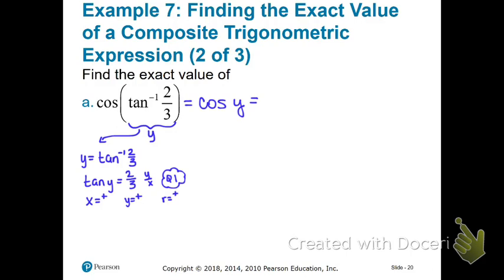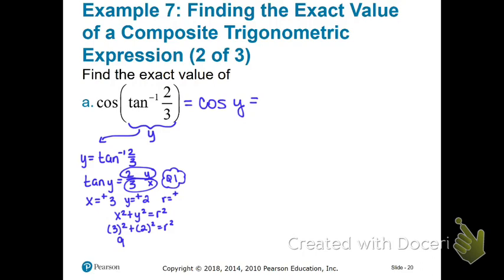All right, so we know that y is going to be 2, x is going to be 3, and how are we going to find r? X squared plus y squared equals r squared. Very good. So we know that 3 squared plus 2 squared equals r squared.